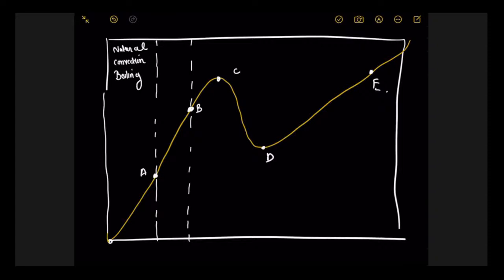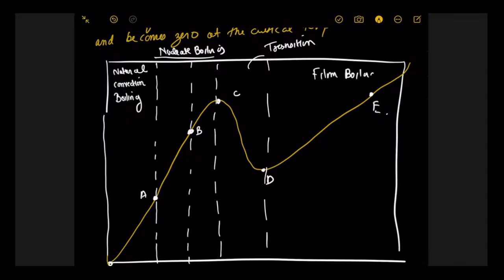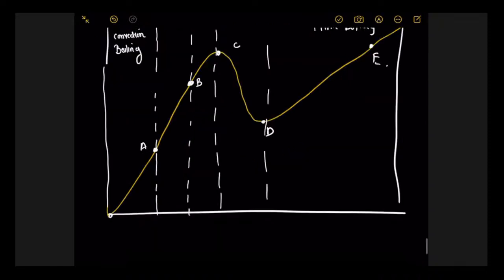This total one is nucleate boiling. This point is transition boiling, and then it is film boiling. So the important is the first one is natural, followed by nucleate, then it is film boiling.